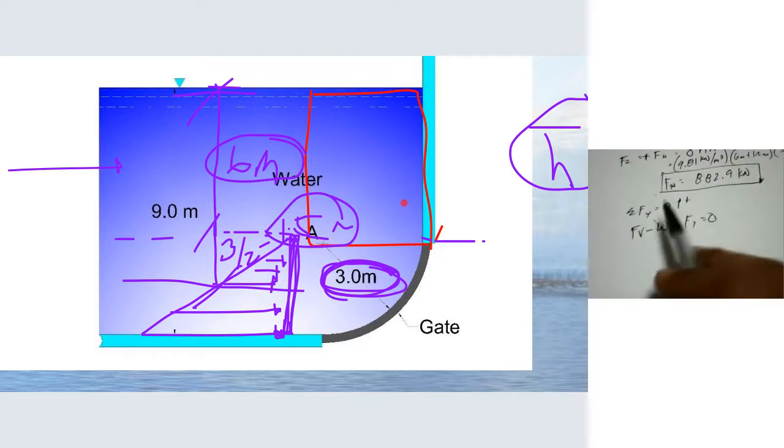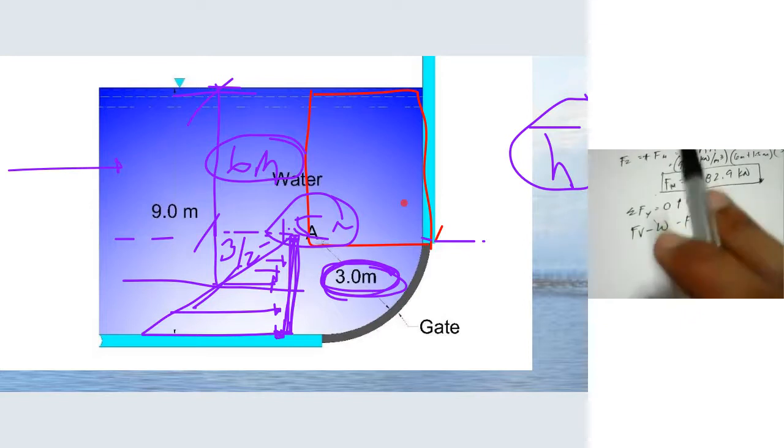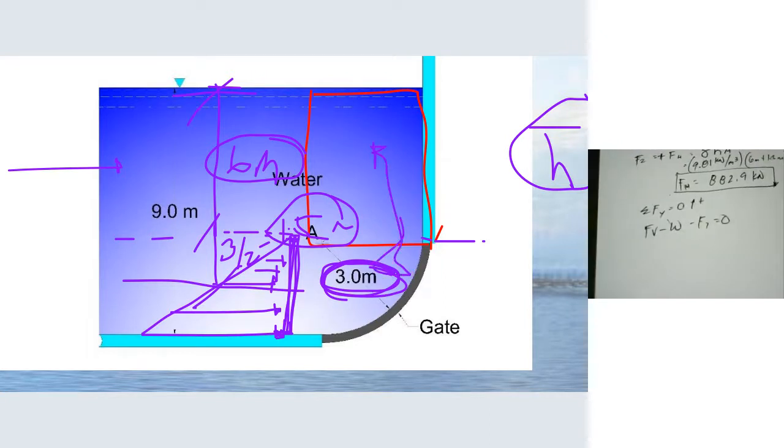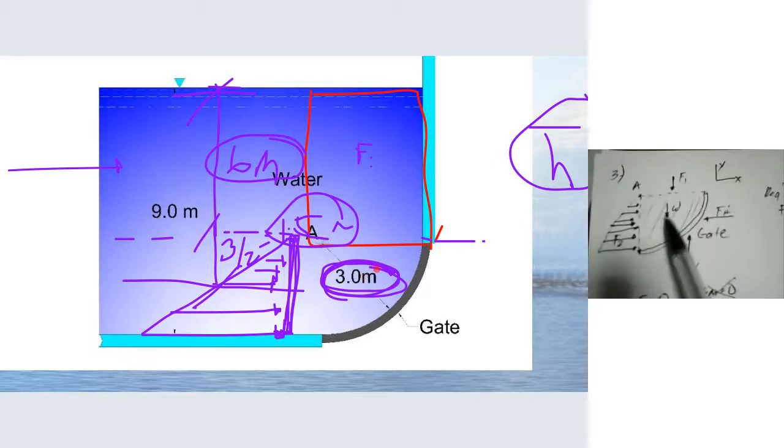Now again, this F sub 1 and W, these are weights. Okay, F sub 1 is the weight of the water above the quarter circle, and the W is the weight of the water that is in the shape of a quarter circle.